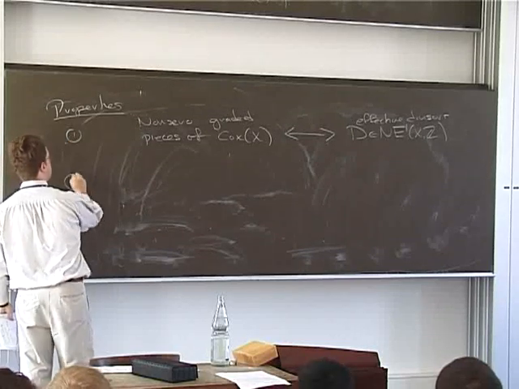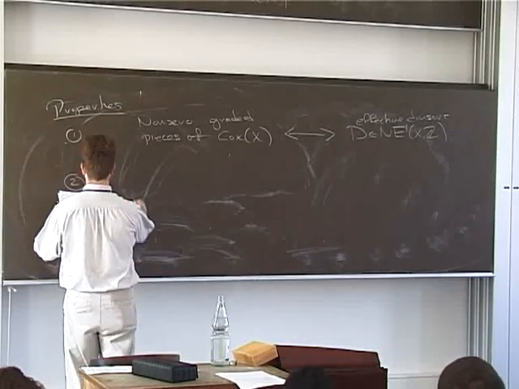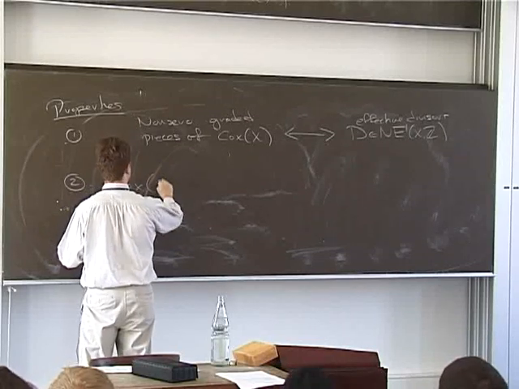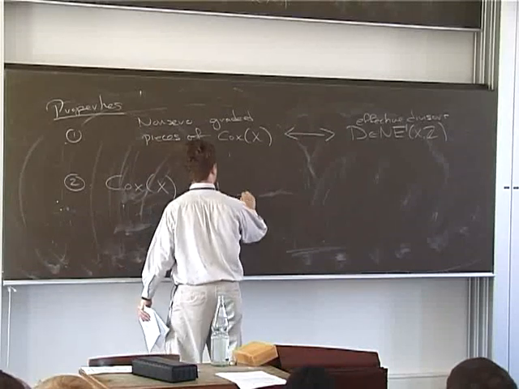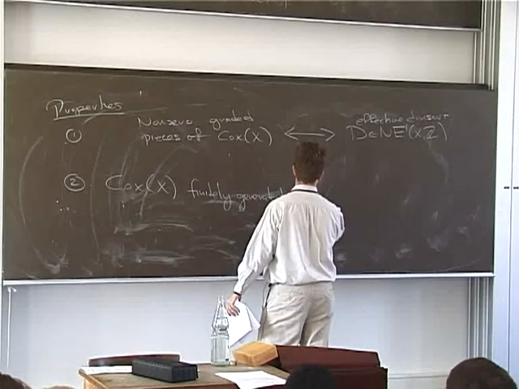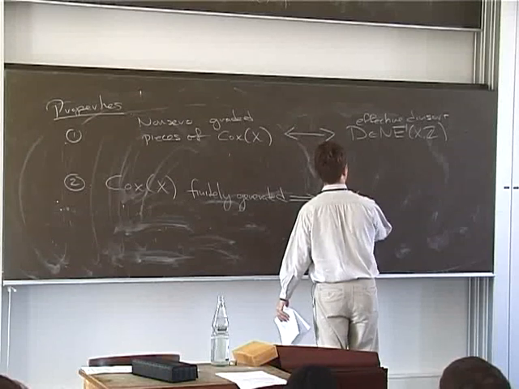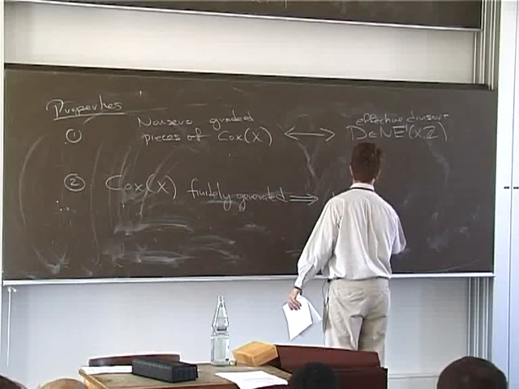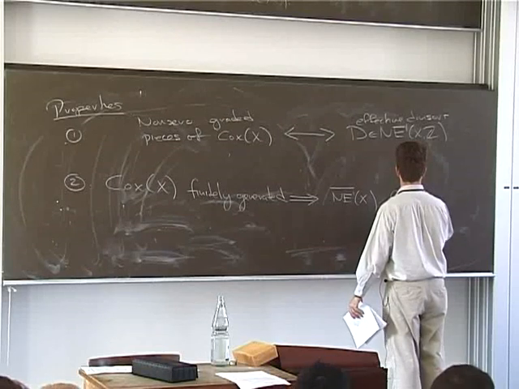The second property is that the Cox ring, if it's finitely generated, implies that the cone of effective curves, we write it in cone notation, is finite rational polyhedral.